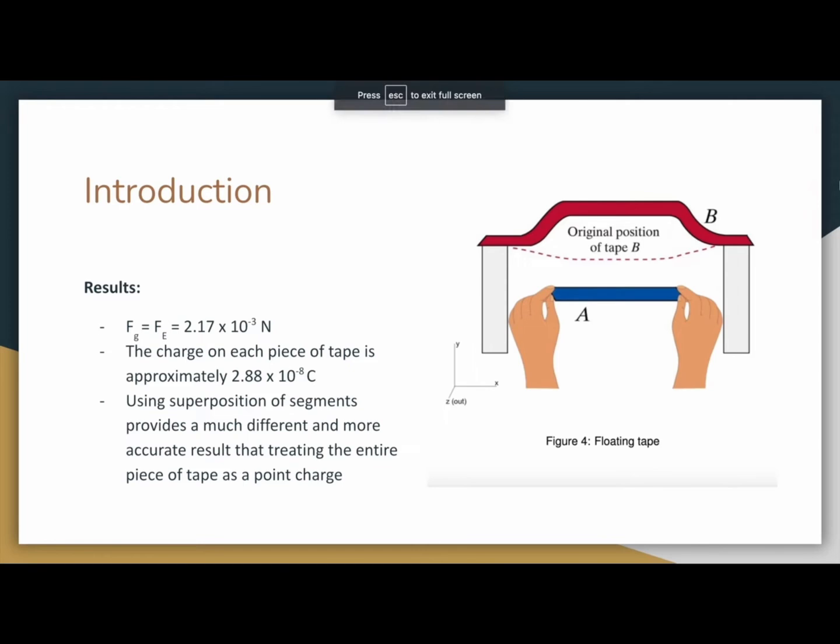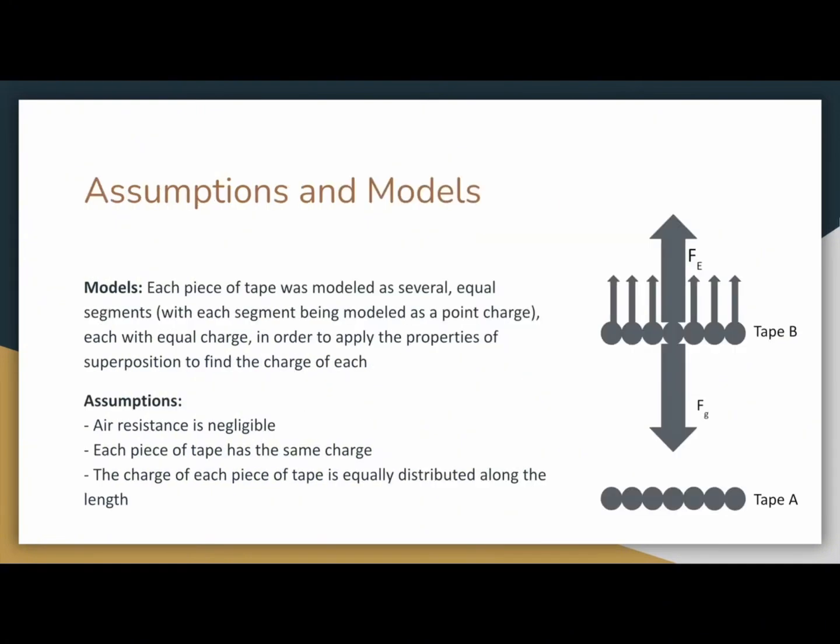The charge on each piece of tape is approximately 2.88 times 10 to the negative 8th coulombs using this model, and using superposition of segments provides a much different and more accurate result than treating the entire piece of tape as a point charge.